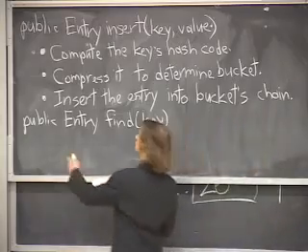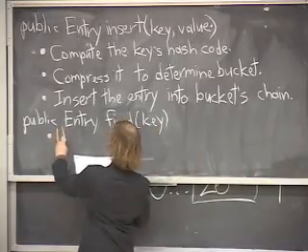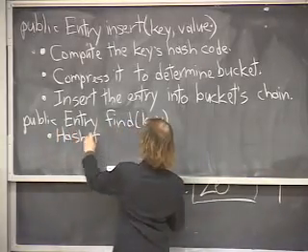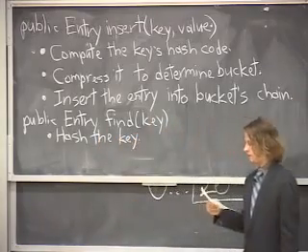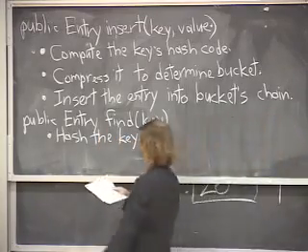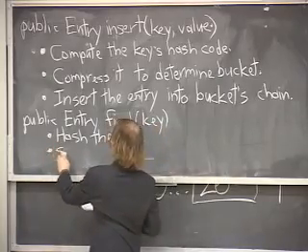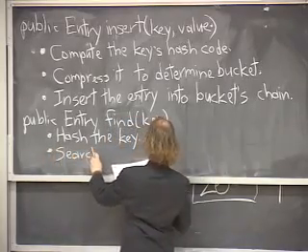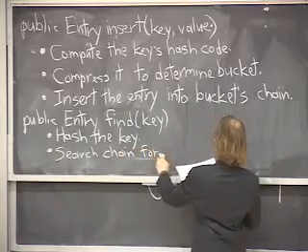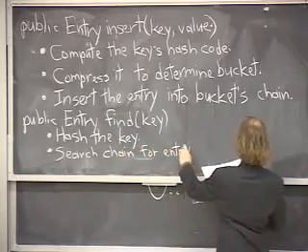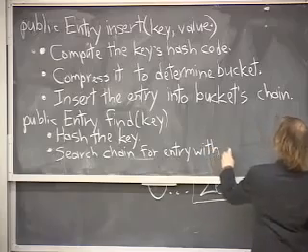And so the way this works is pretty similar to the way you insert. Once again, you hash the key, which means find its hash code, and then compress it. And that tells you what bucket it's in. Then you have to search through that linked list. So we search through the chain for an entry with the specified key.